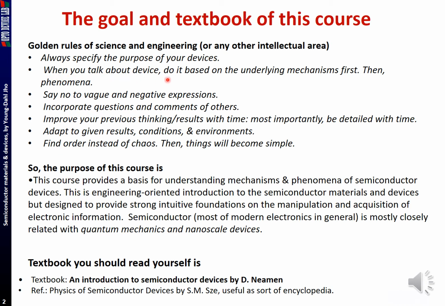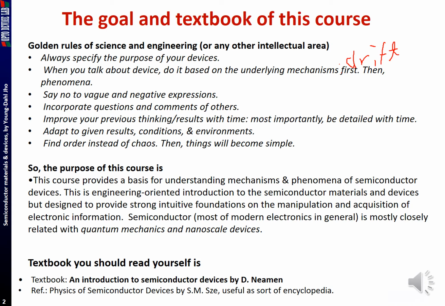And also when you talk about the device, you do it based on the underlying mechanisms first, and then phenomena. What are underlying mechanisms? The most common example could be drift. Drift is a familiar word with us. Something is moving around.